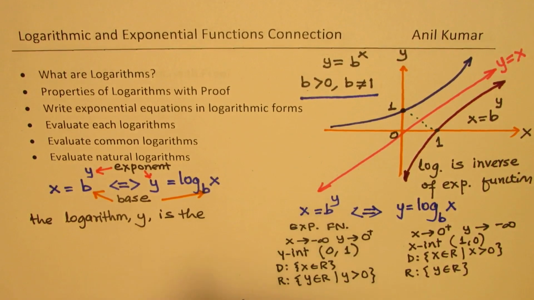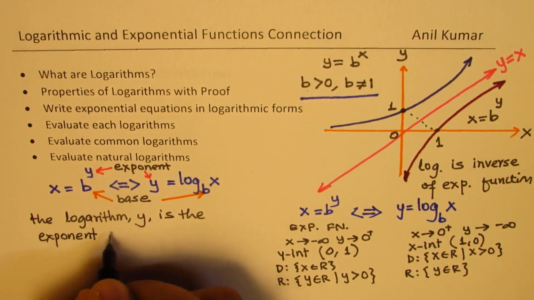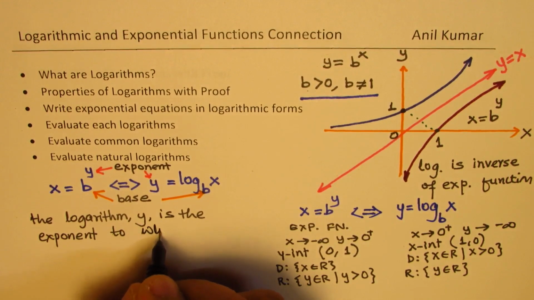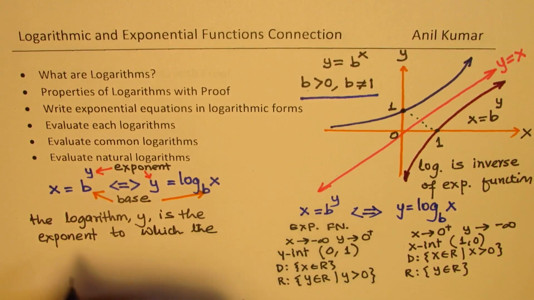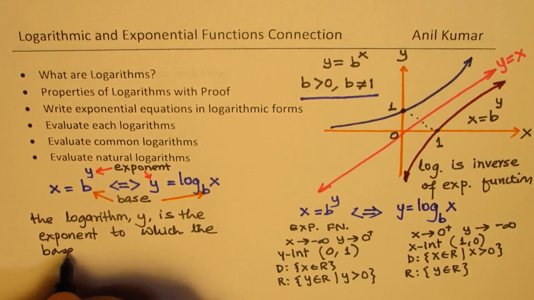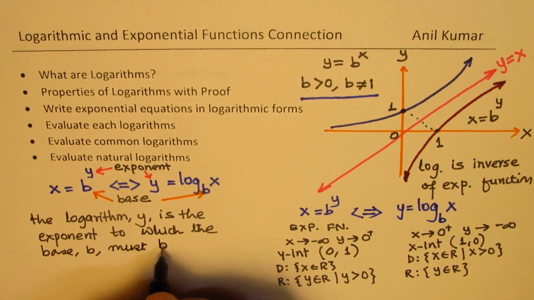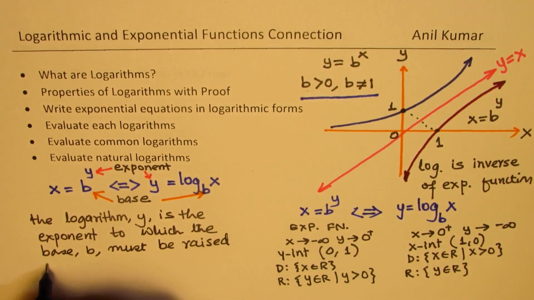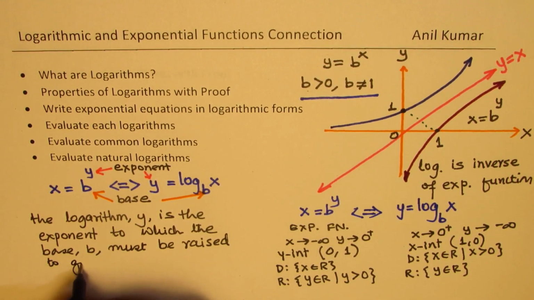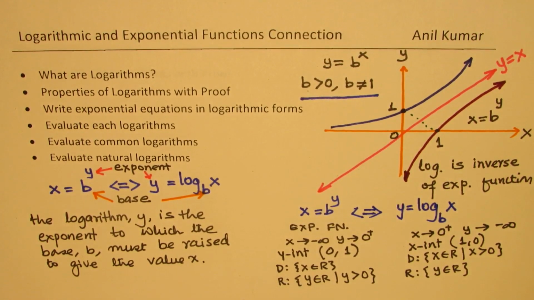So more or less you can now define logarithm as follows: the logarithm y is the exponent to which the base b must be raised to give the value x, correct?